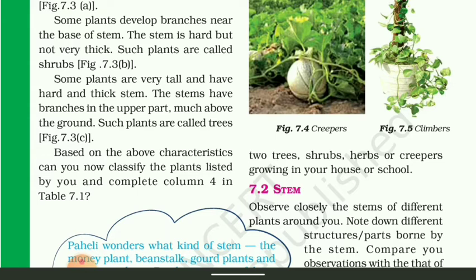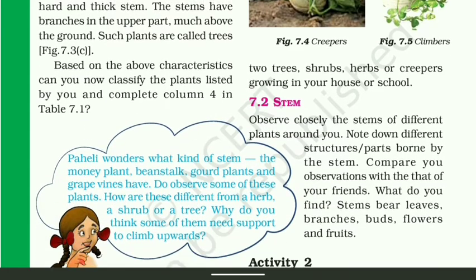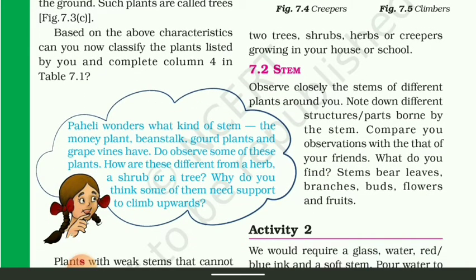Based on the above characteristics, can you now classify the plants listed by you and complete column 4 in table 7.1? Paheli wonders what kind of stem the money plant, beanstalk, gourd plants, and grapevines have. Do observe some of these plants. How are these different from a herb, a shrub, or a tree?